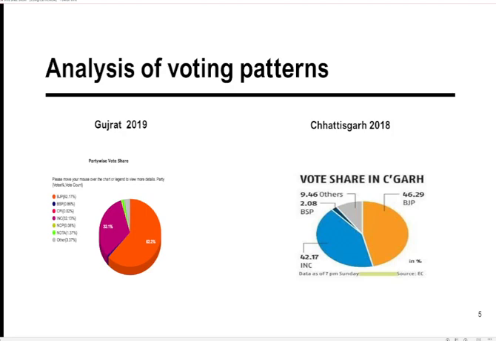Here I would like to talk about voting patterns. You can see the voting pattern of Gujarat. It is the only one, or one of few states, where BJP gets more than 50% vote share. Apart from that, BJP hardly gets above the 50% mark.